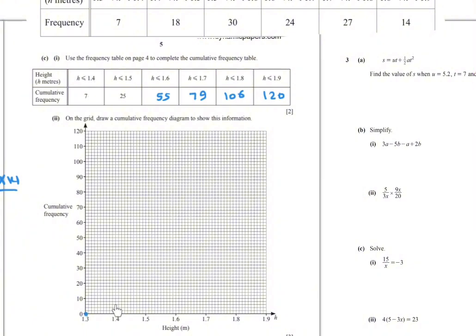Each small square represents 2. Then 1.5 and 25.